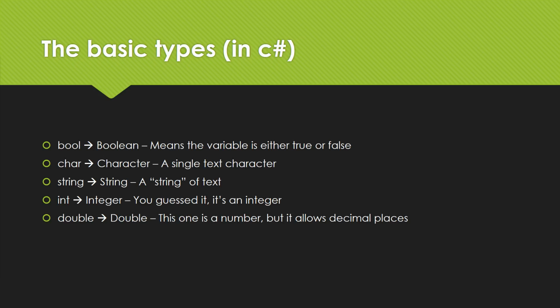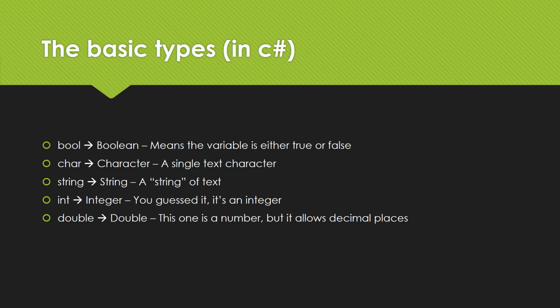So there are a ton of data types that you can choose from. You can even make your own data types. And I'm using C# as my basis here as far as the syntax goes. In most of the languages that I've seen, they follow very similar structures to this as far as the bool, char, string, int, and double.